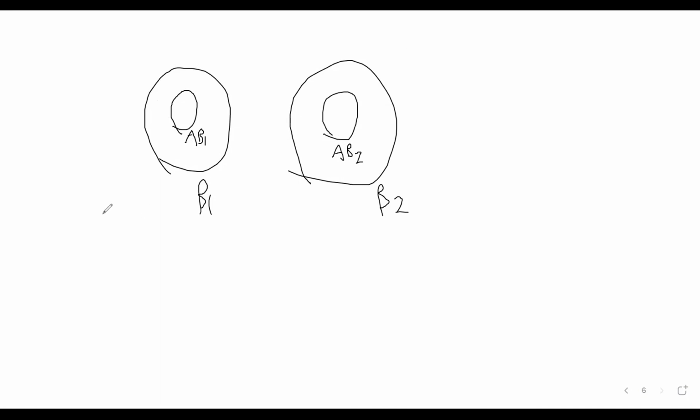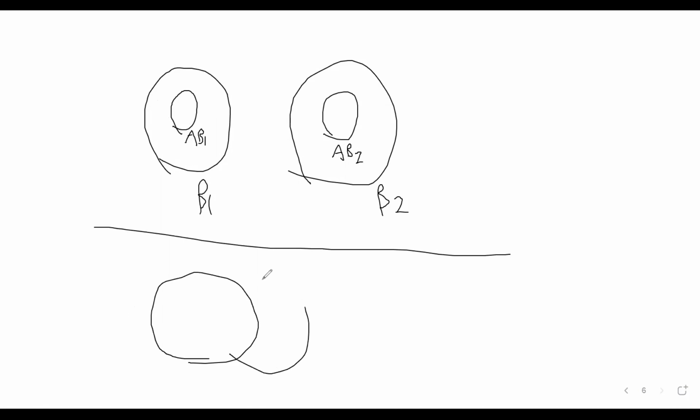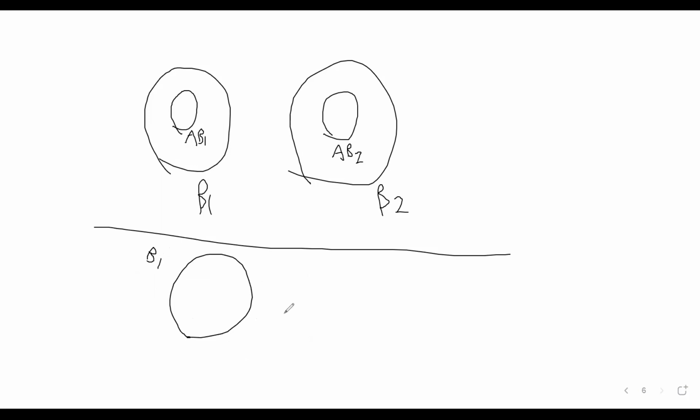In the actual Venn diagram, you'd have B1 and B2, they're mutually exclusive, and then you have a set A that either overlaps with either or doesn't.